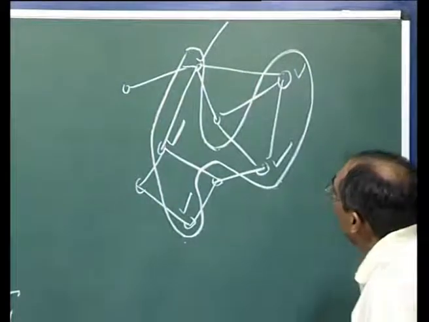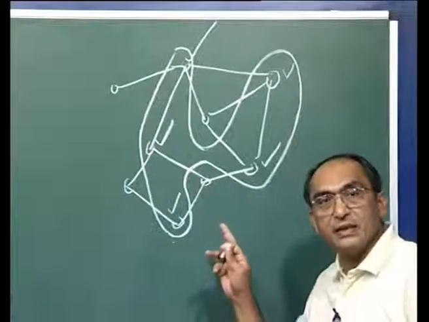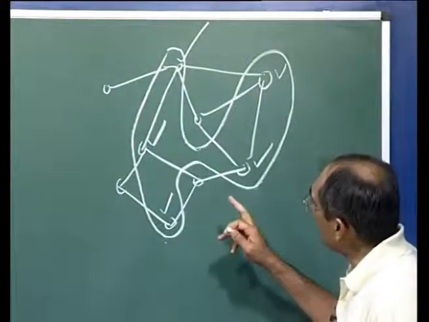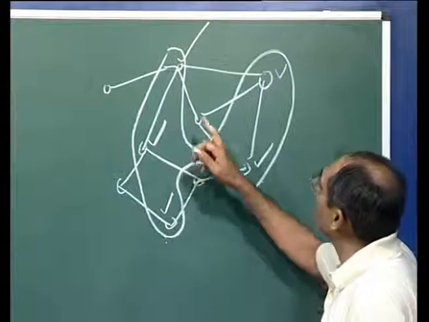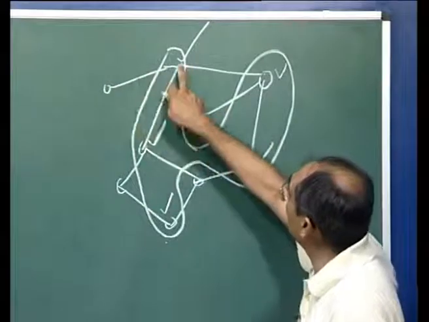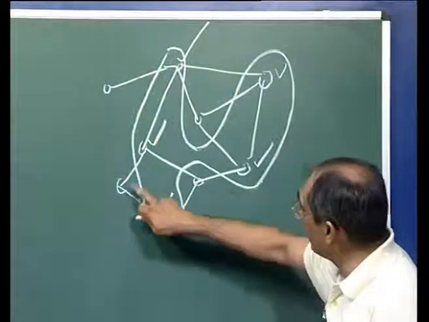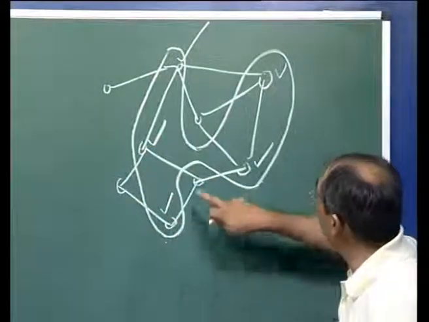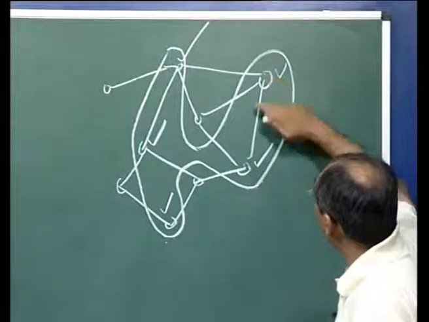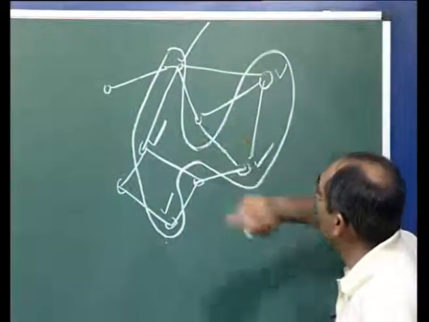Now, what we notice is that for every edge, there are two vertices incident on an edge, and at least one of those two vertices of every edge is in this set. So, this edge has this vertex in the set. Similarly, these two edges also have some vertex in this, and so on. These are obviously both the end vertices of this edge are inside the set, and so on.